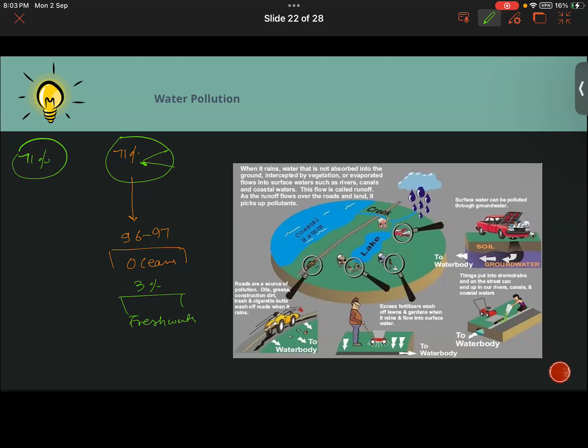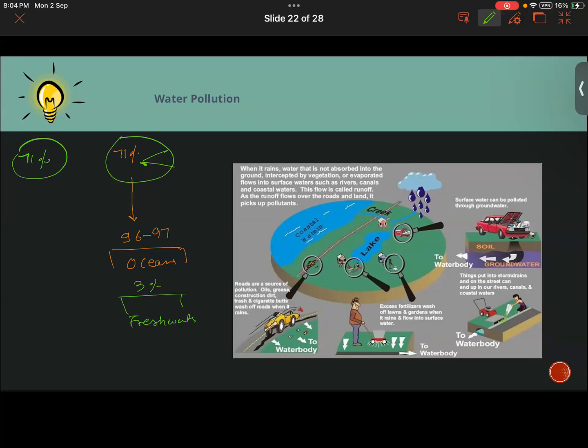So the major source of usable fresh water is groundwater. Although 71% of the Earth's surface is covered with water, only a fraction of it is available for our consumption. So it becomes extremely important to conserve water.